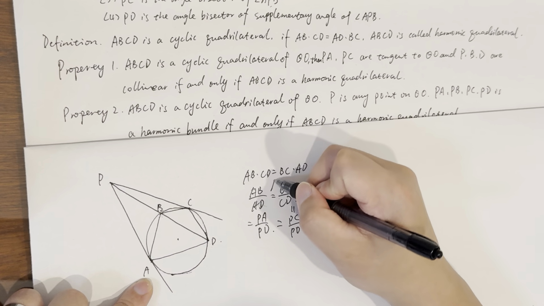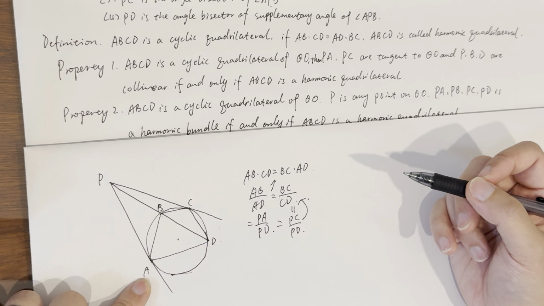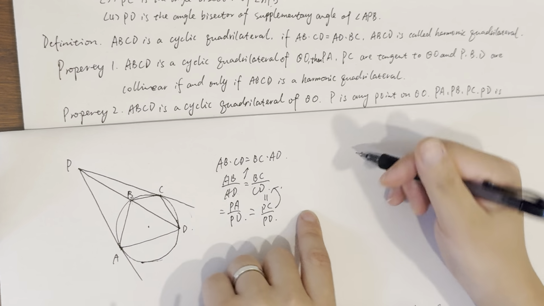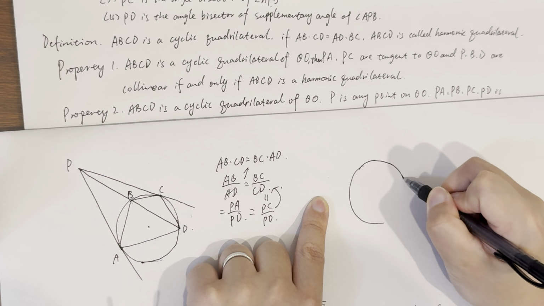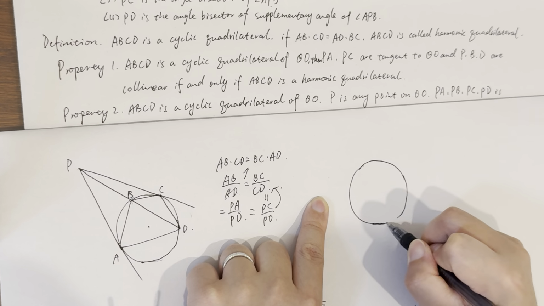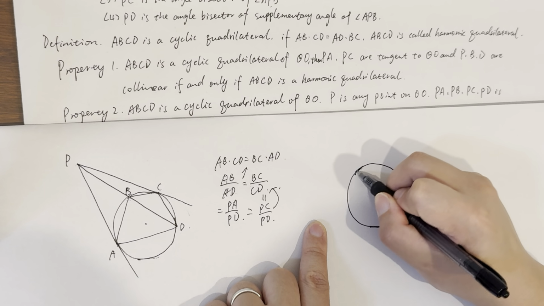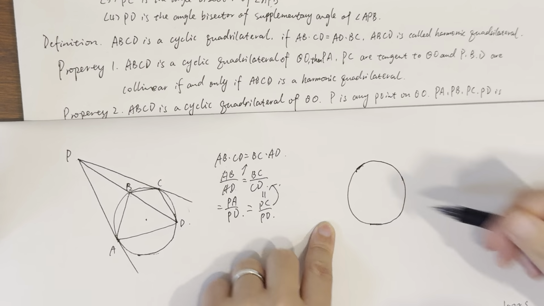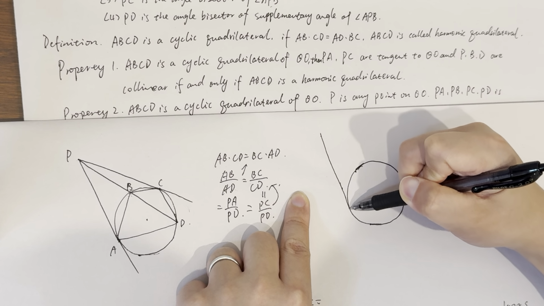This is valid means ABCD is a harmonic quadrilateral. So let's consider the next thing: if ABCD is a harmonic quadrilateral, then we want to prove that P, B, D are collinear. But for the figure, we just do a similar drawing here. It's easier.